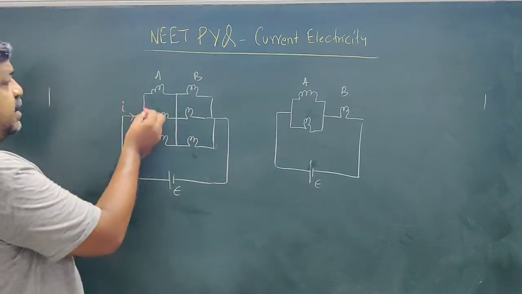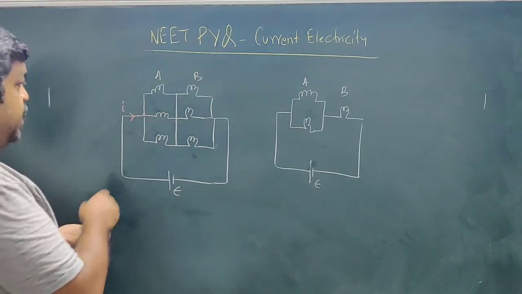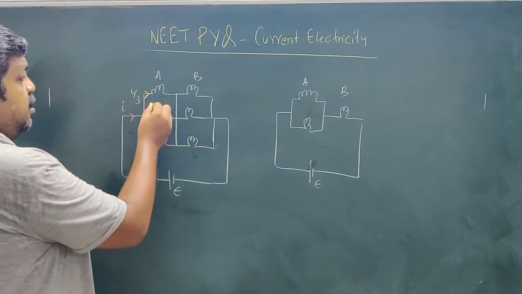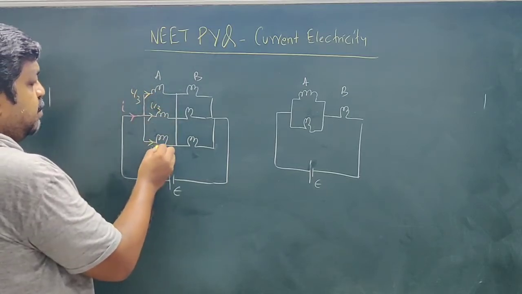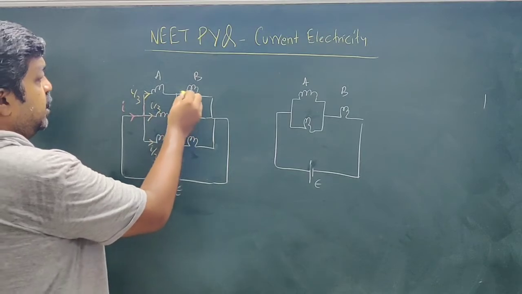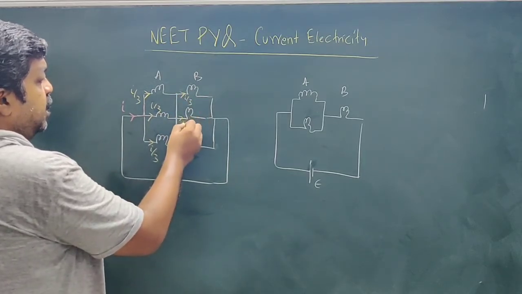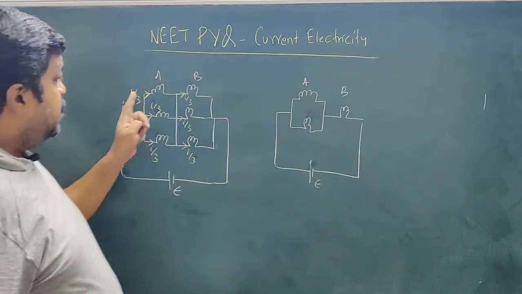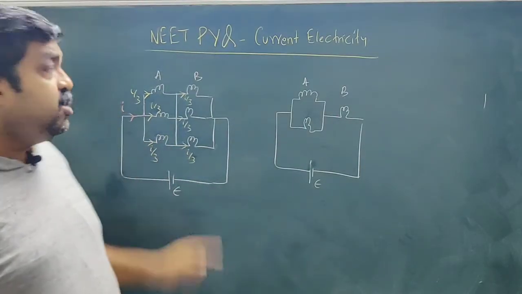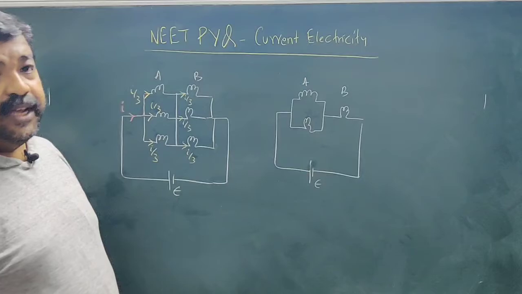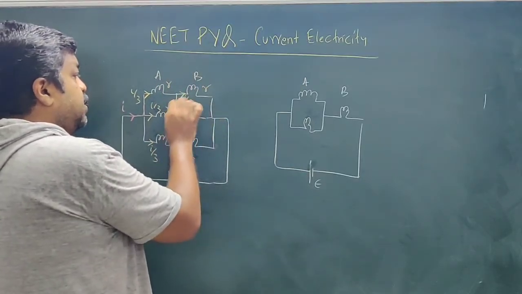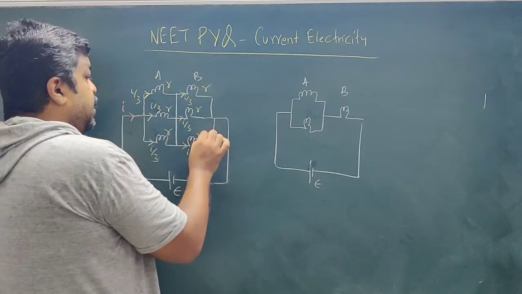So this current will be divided into 3 equal parts: here it will be I by 3, here I by 3, and this is I by 3. So the current flowing through each bulb in this case is I by 3, and all the bulbs have equal resistance, so let it be small r.